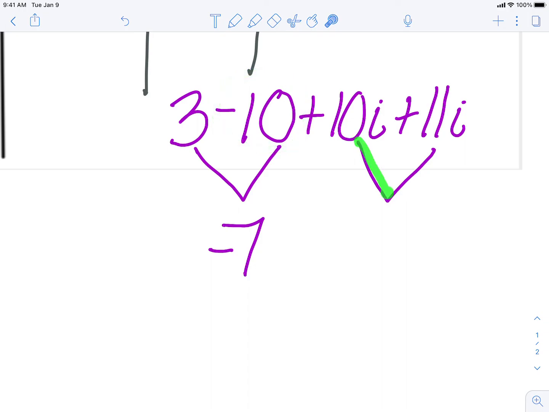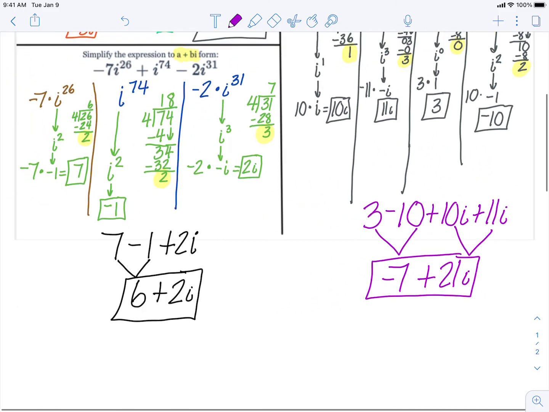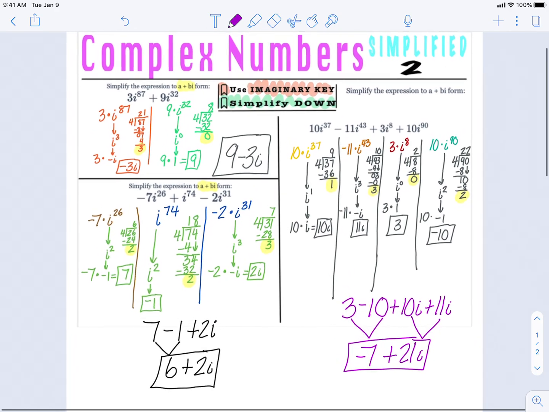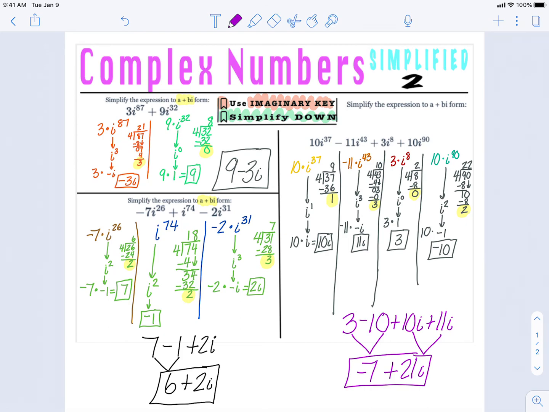And then these two, 10i plus 11i, is a positive 21i. And there you go. Look at that. We knocked out the 4-parter. Right? There we go. These are our notes for Complex Numbers Simplified Part 2.